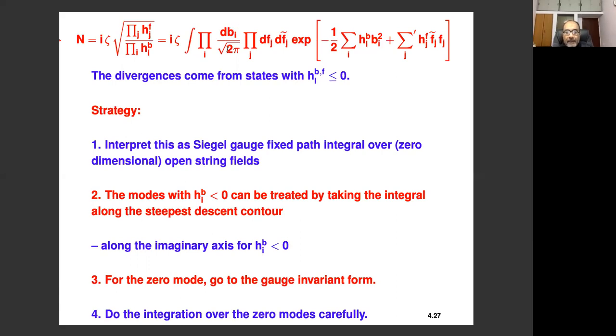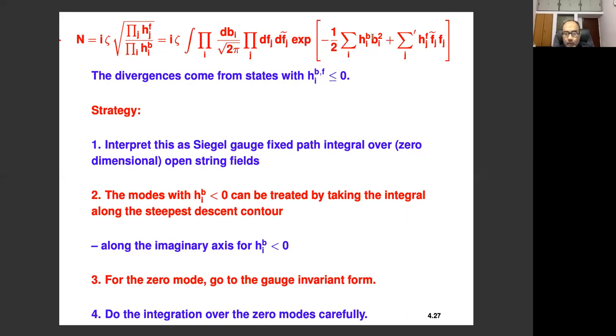But this you are familiar with from the steepest descent method. If you have a saddle point which is not a minimum but, say, a maximum or a local maximum, then typically in order to define the integral we choose the steepest descent contour, which means that in this case we'll choose the b integration contour to be along the imaginary axis instead of along the real axis. That's the way we'll make sense of the b integral.